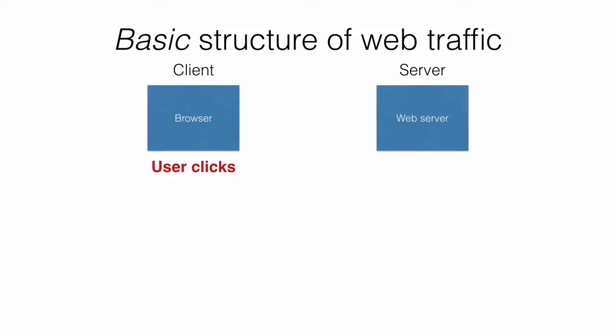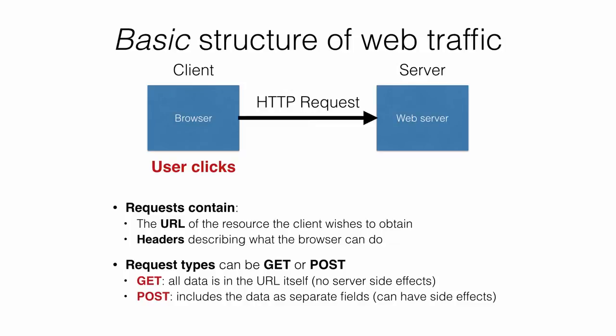So what will happen is that a user might be viewing a web page and click on the web page, and as a result, an HTTP request will then be sent to the server that was specified in the URL associated with that button click. This URL is accompanied by headers in the actual HTTP request, and we'll look at those in a moment.